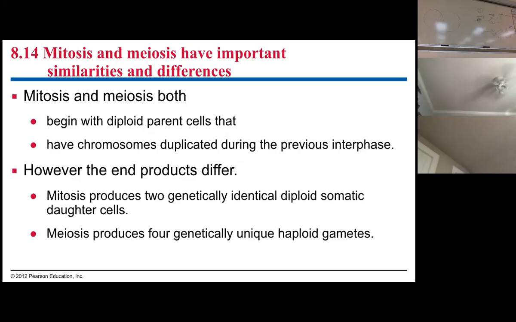You can have meiosis, both, and then mitosis. Just make columns like that. Cool. Okay. So in our Venn diagram, we have meiosis, mitosis.